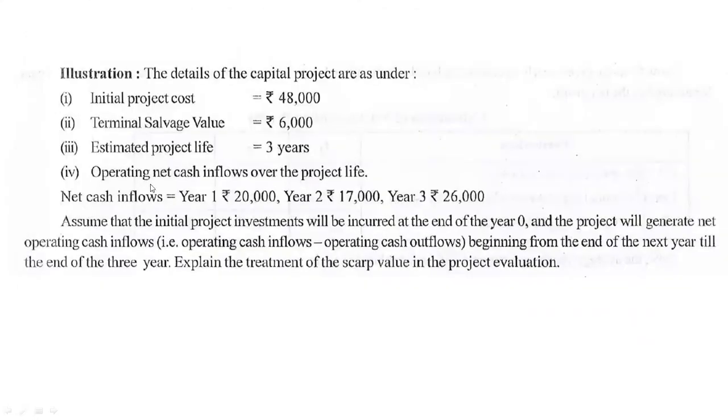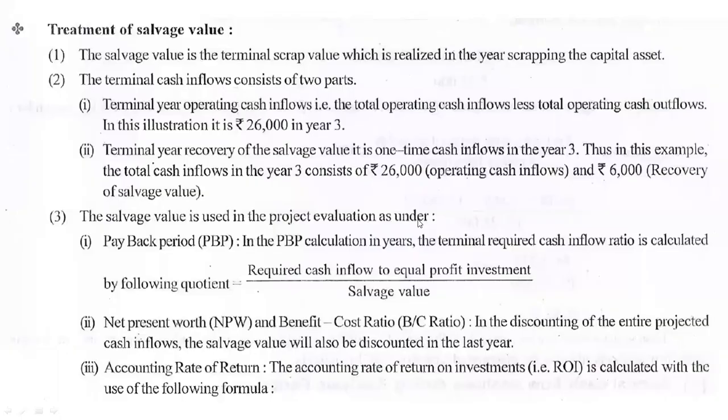This can be explained with the help of this example, where the initial cost is 48,000, the salvage value is 6,000, estimated project life is 3 years, and operating net cash inflow over the project life is 20,000, 17,000, and 26,000 for the first, second, and third year.